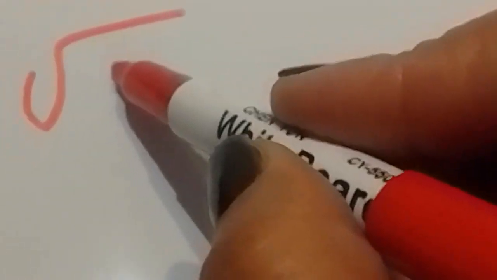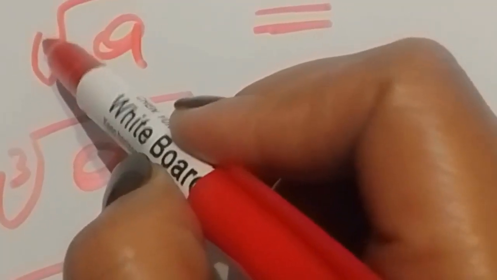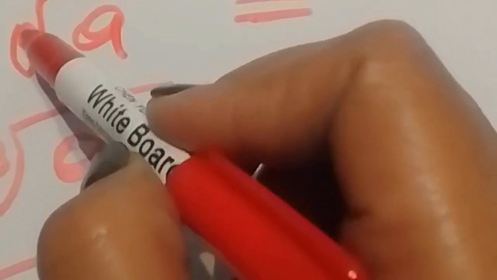All right, for surds or roots, that will be something that is inside either a square root, let's say the square root of a, or we can have a cube root of a, or it can be any number really. Let's just say n. So how does this translate? If there is no number outside of that root, then we know that it's a 2.